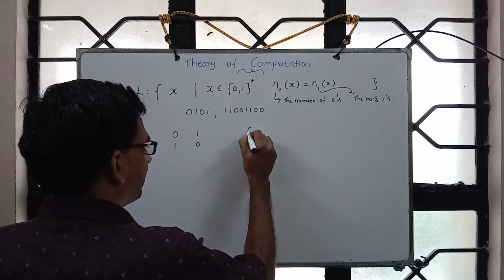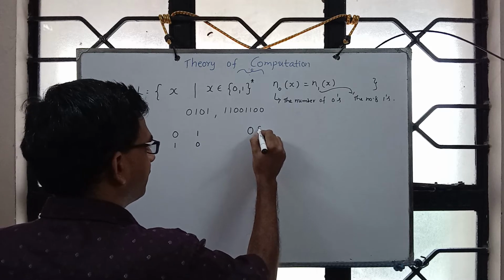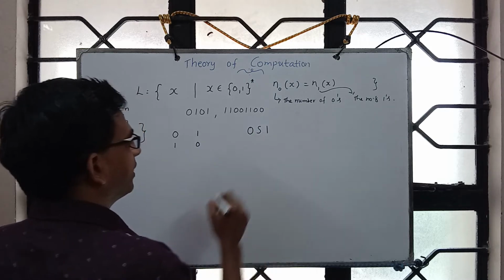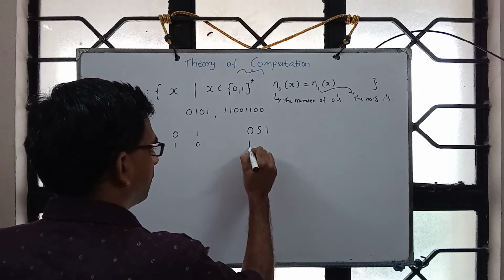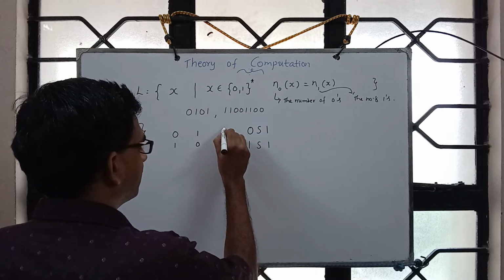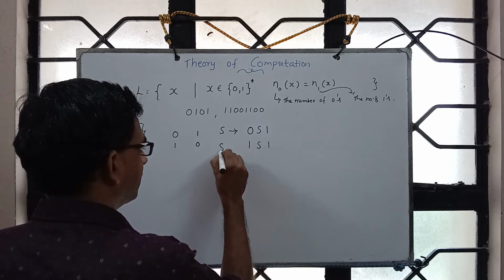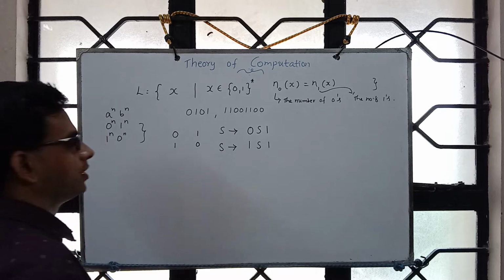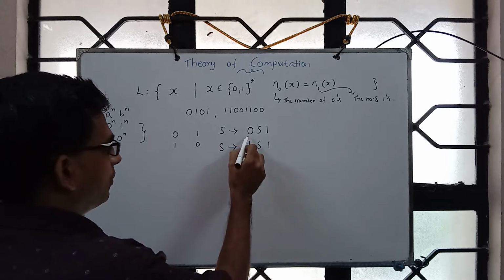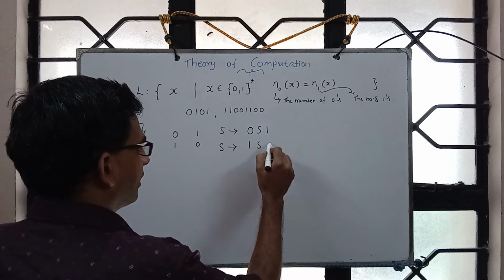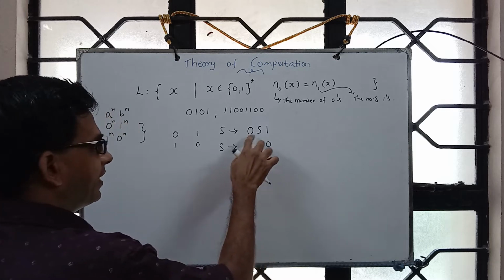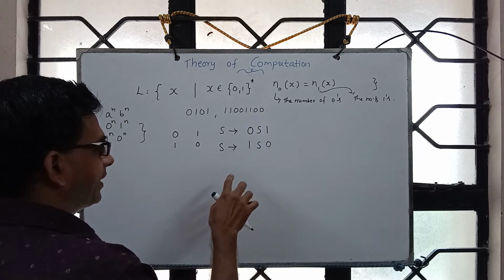So let's take that thought process forward. What we will do is the following. S implies 0S1, or S implies 1S0. Now, whenever a 0 is generated, a corresponding 1 is also generated.